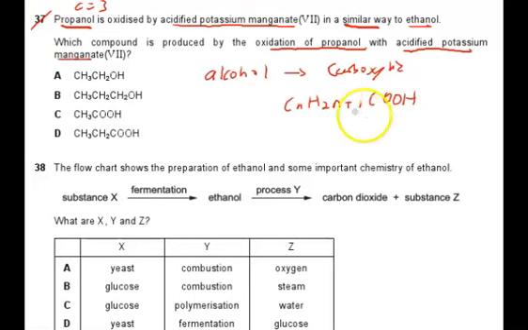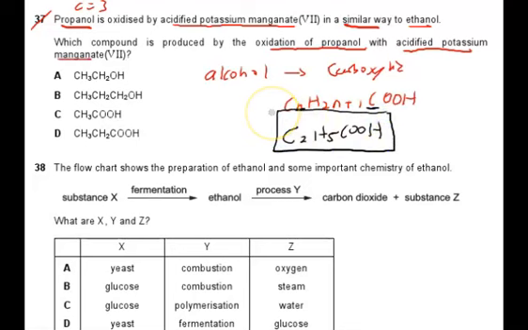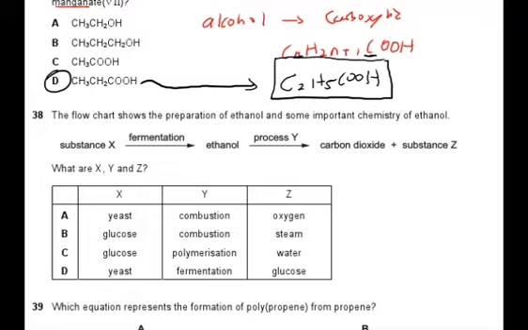When you substitute the n, we have to minus 1 since we already have 1 carbon over here. So we should be getting C2H5COOH. So this is propanoic acid. So this is 37. Your best answer here will be D.